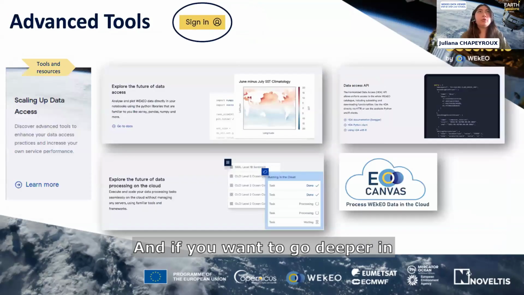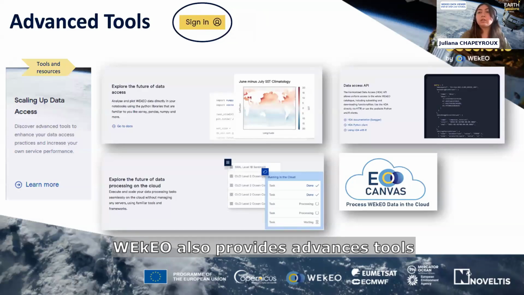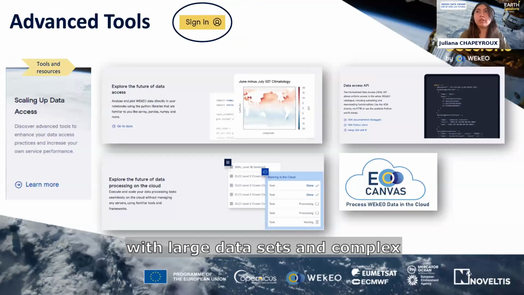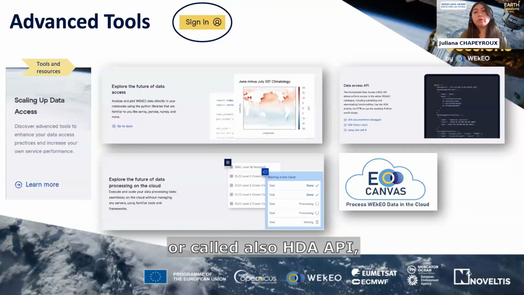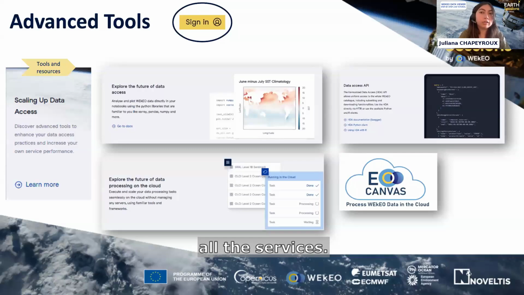And if you want to go deeper into your data, WEkEO also provides advanced tools designed to help you work more efficiently with large datasets and complex analysis. For example, one key component is the Harmonized Data Access, also called the HDA API, which gives you unified access to original Copernicus data across all the services.